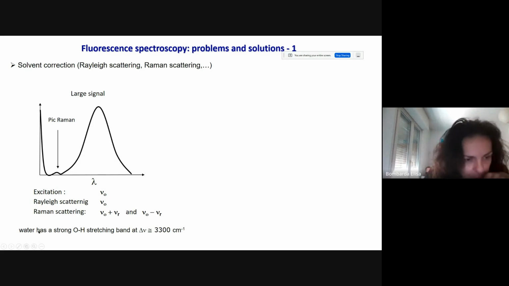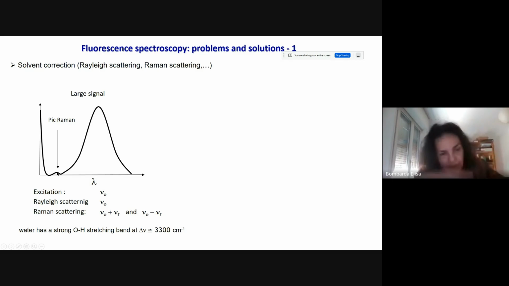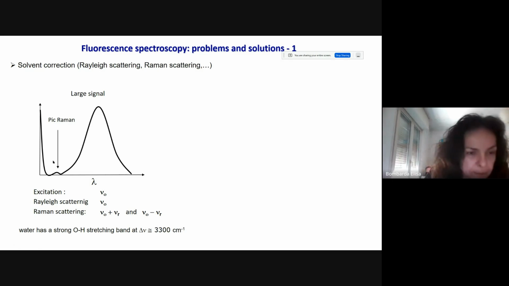So for example, for water, the OH stretching band is quite strong and has this value, and so we can calculate the position in frequency, and then we can transform it into wavelength. The position of this peak depends on the wavelength that is used for exciting.